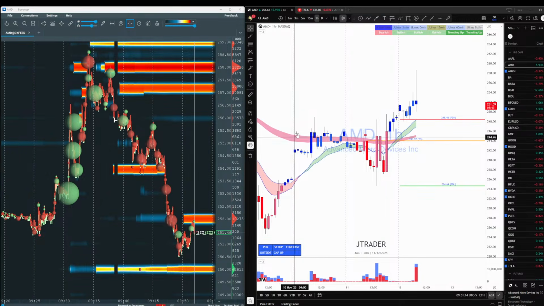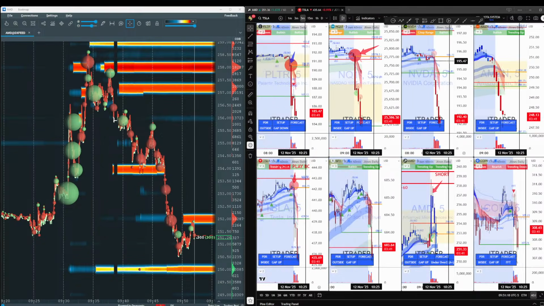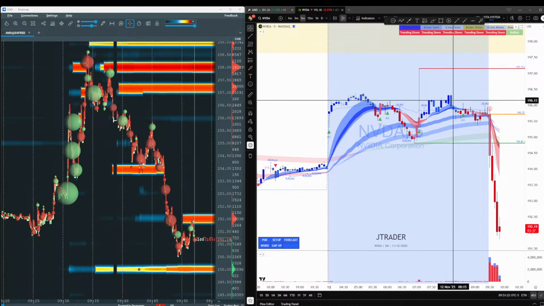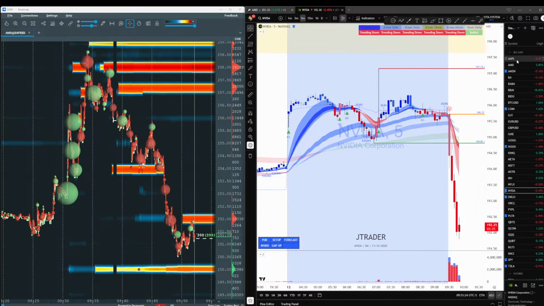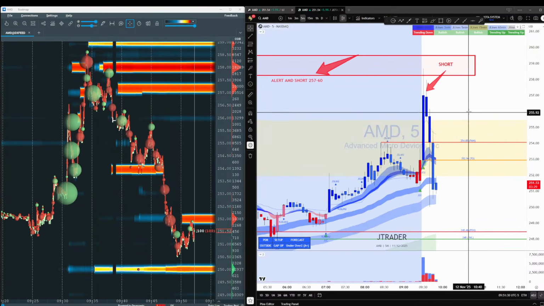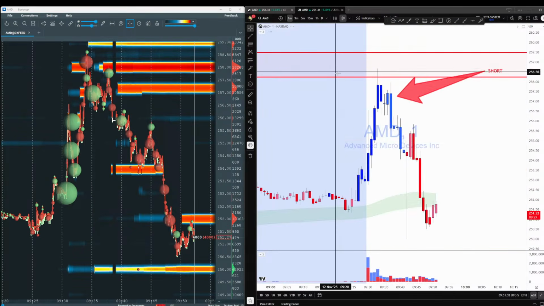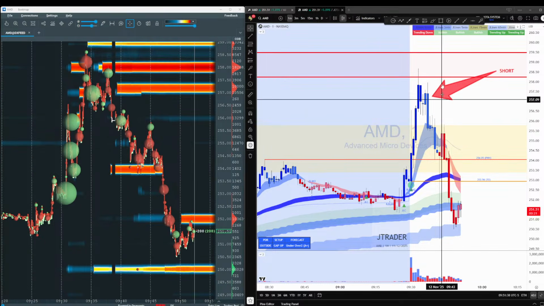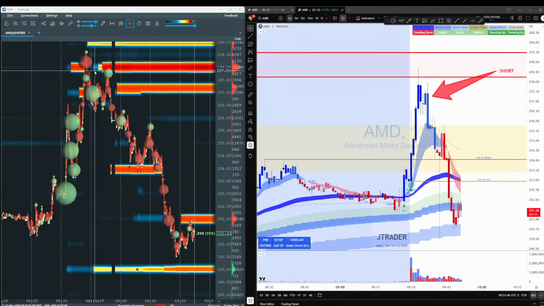So going back over here, let's put AMD. I want you to look at this with me. So the point here was to look for the level over here, liquidity soaked.